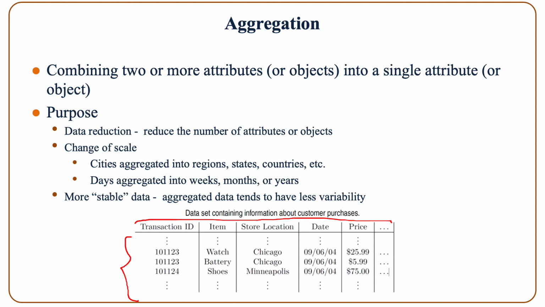For example, objects with store locations in Chicago and many other cities in Illinois could be aggregated into a single row for just the state. Days could be aggregated into weeks, months, or years. The result is that we have more stable data, meaning the aggregated data tends to have less variability.